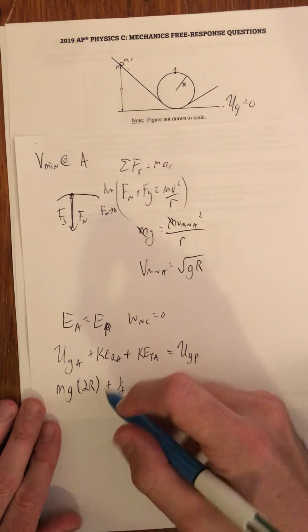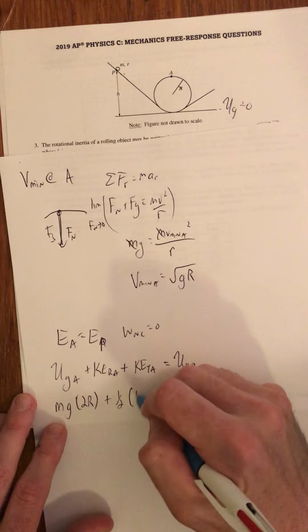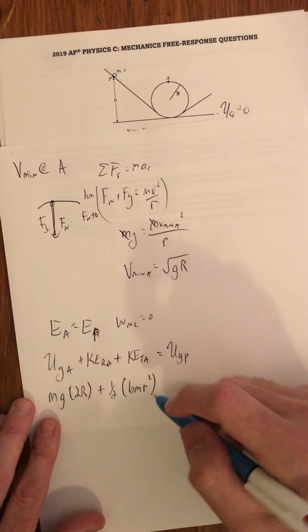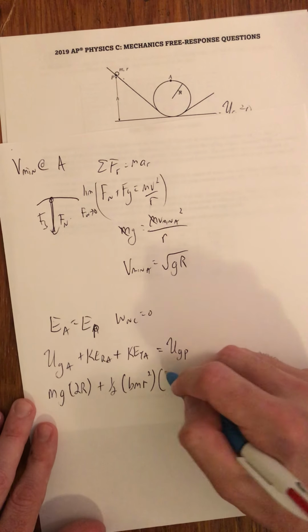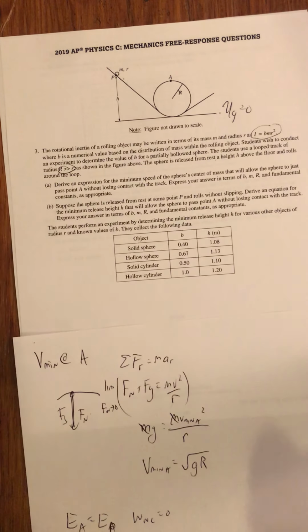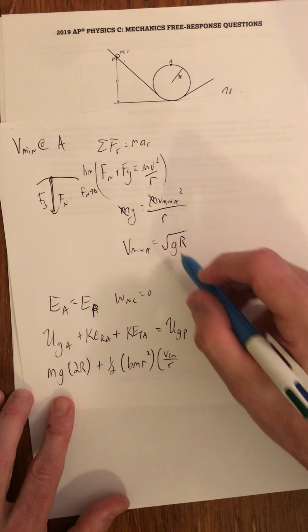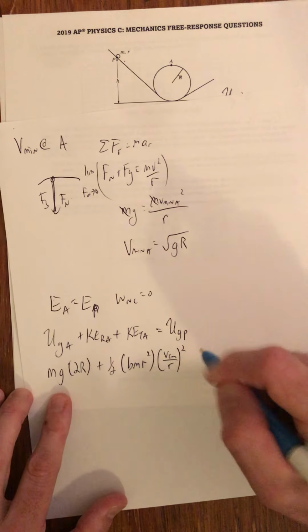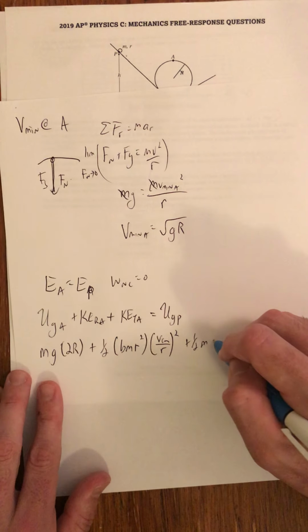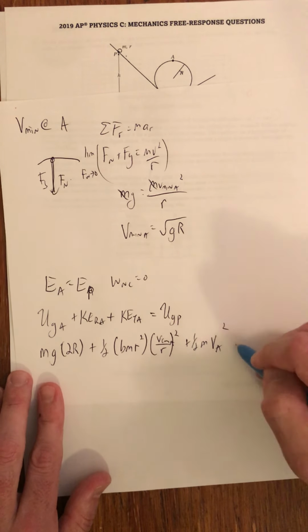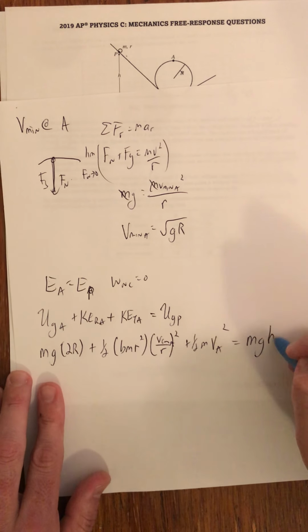KE rotational is 1/2 times I, which is that generic b m little r squared, times omega, and I'm going to put in VCOM over r eventually. So let's get it in terms of that, plus 1/2 m v at point A squared is equal to mgh.